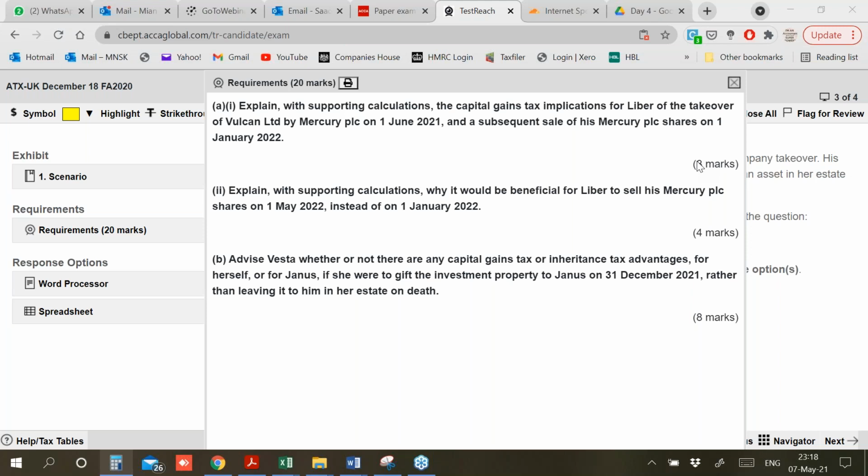And if the asset falls in value further, whenever Janus sells it, he will be able to claim a loss at a higher rate, because his cost will be higher and his proceeds will be lower, so he will have a higher loss.